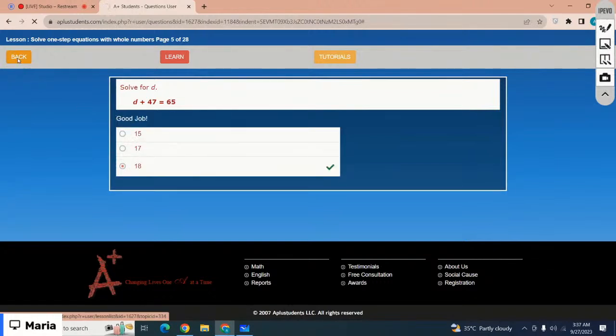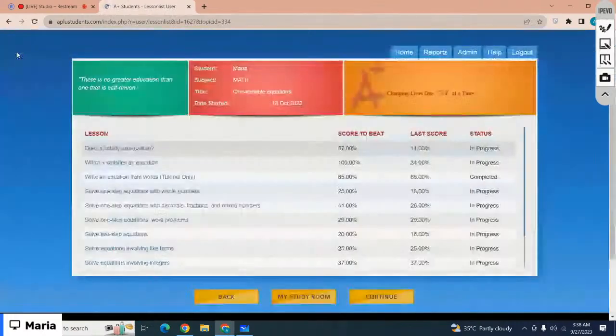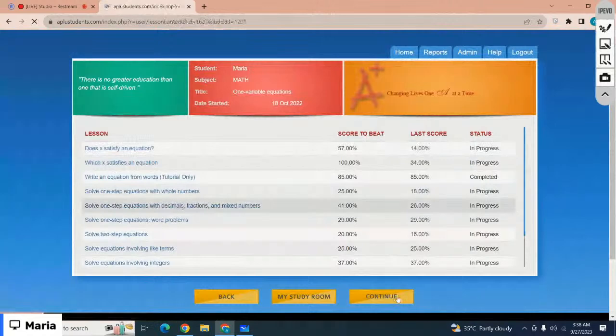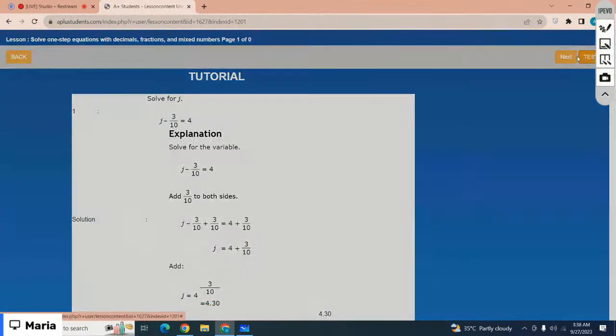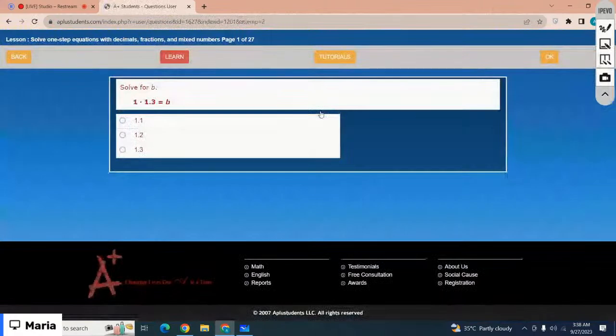The next one is solve one-step equations with decimals, fractions, and mixed numbers. Okay, this is 1.3 equals b.